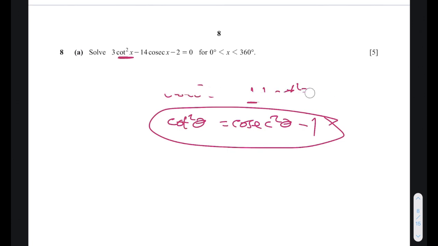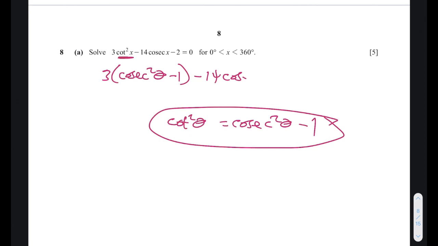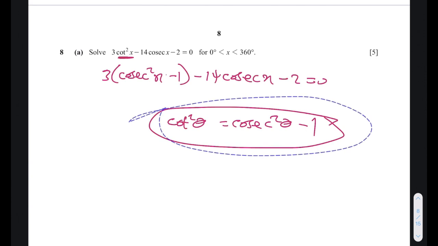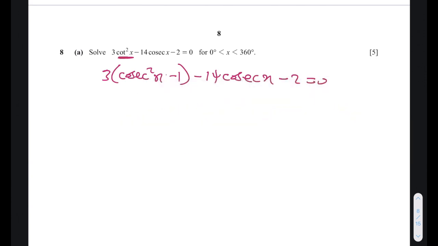All right, so let me just clean this part, and then later on I'll clean the other one. So that means that we have 3 into bracket cosec square x minus 1, then 14 cosec x minus 2 is equal to 0. It's not actually theta, it's x. So why am I still writing theta? What's wrong with me? All right, so we can now clean this out.